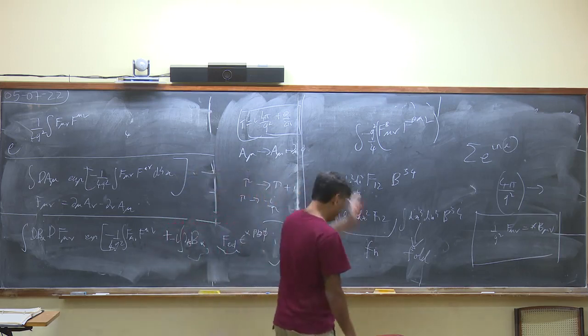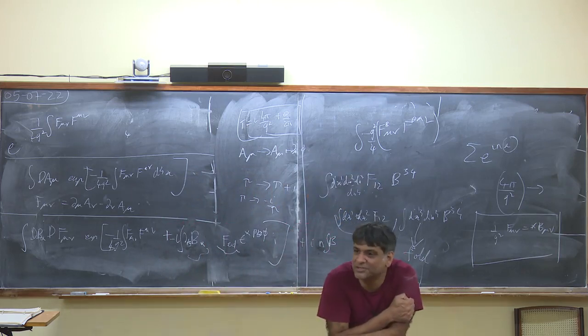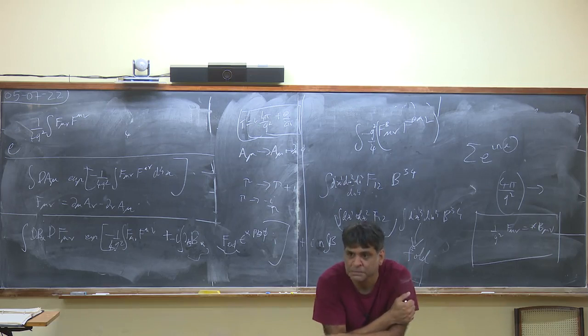So, the full duality group consists of a trivial element, which is theta goes to theta plus 2 pi. To see that that was an invariance of our theory, we didn't need to do anything. It was obvious. Didn't need to make a change in description. And a non-trivial element, this tau goes to minus 1 over tau. Very much like when you are looking at tori.